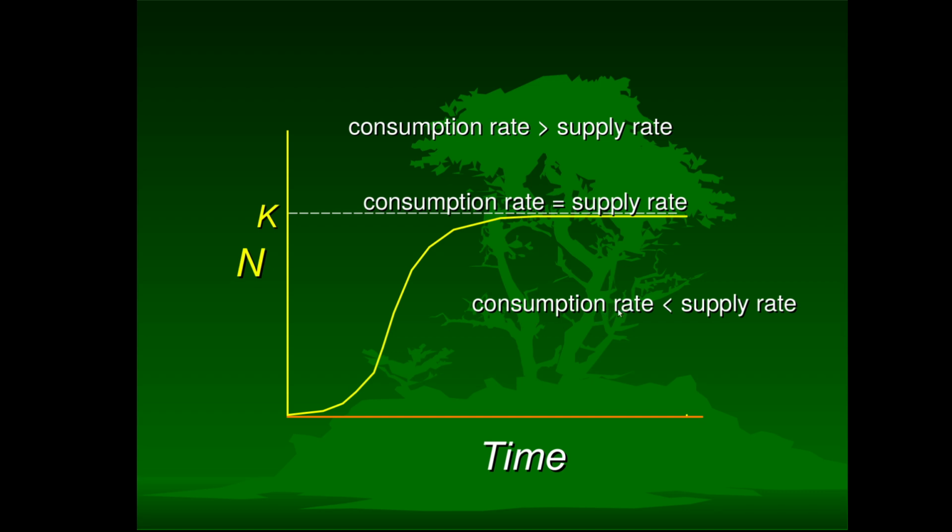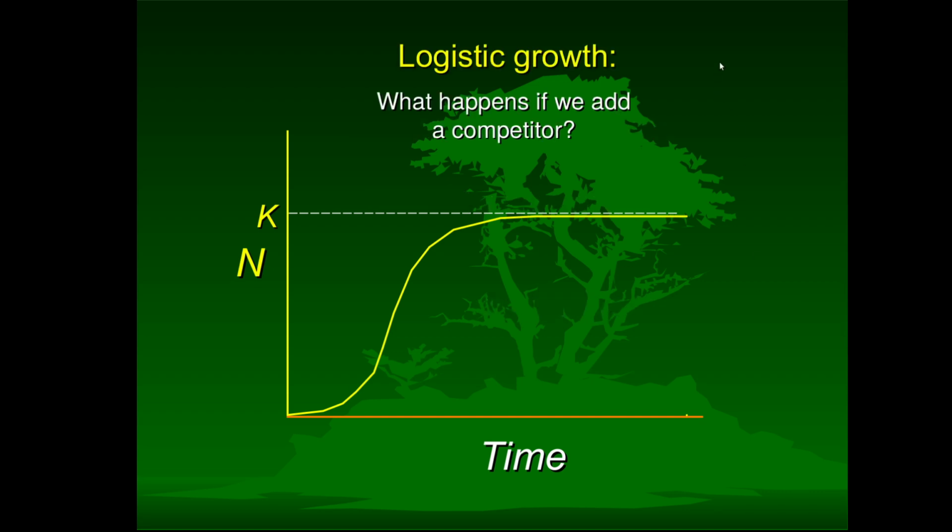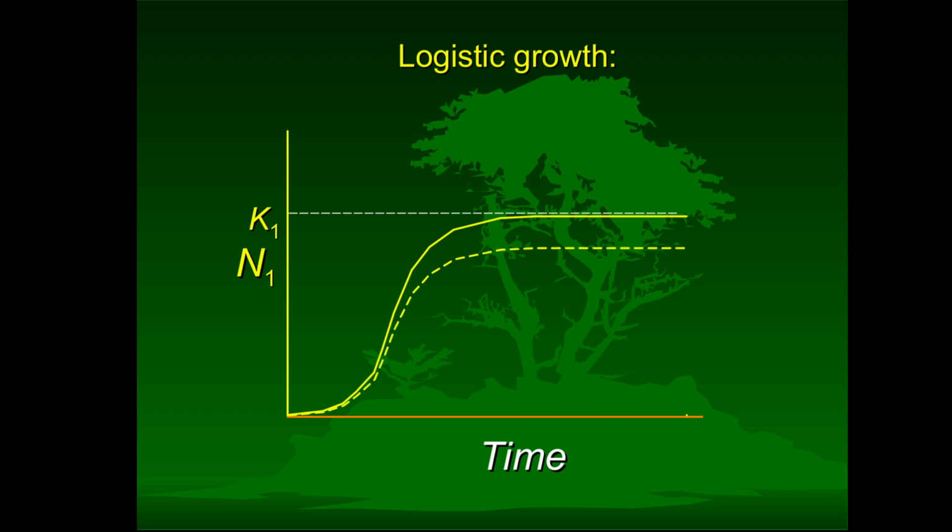Below the carrying capacity, the consumption rate is less than the supply rate. If we add a competitor, then the whole curve has to move down. If you add more and more individuals of the competitor population, then the curve for the first species moves down and down more and more.